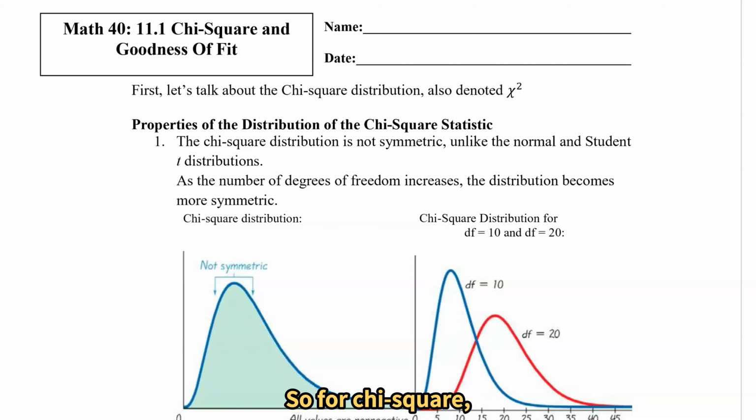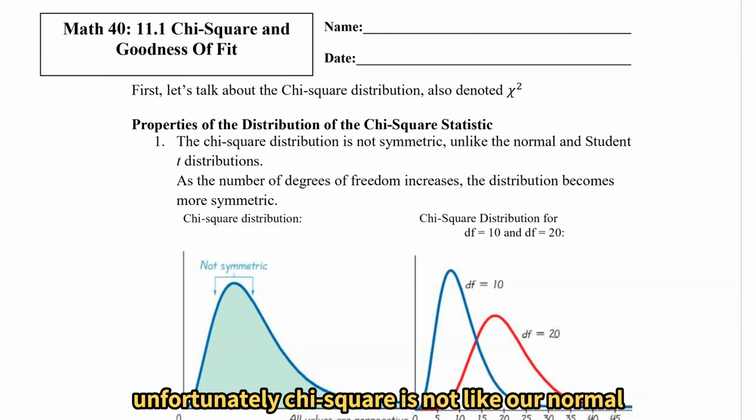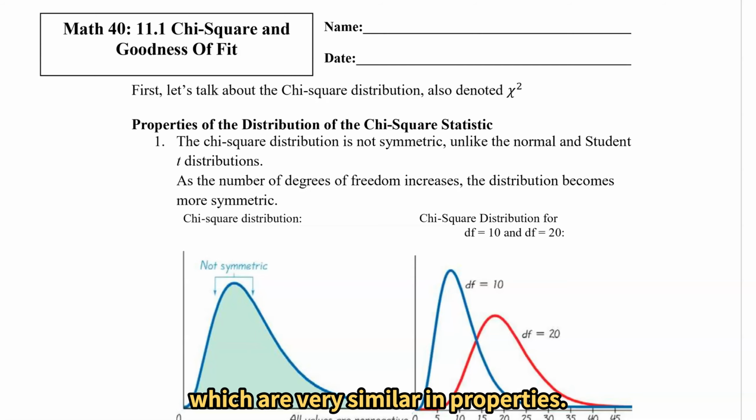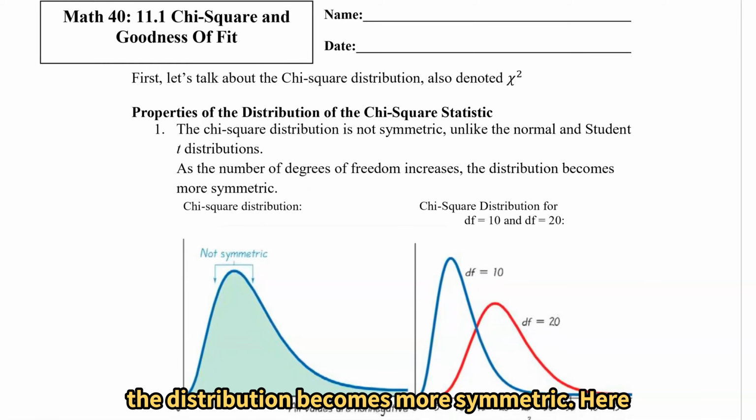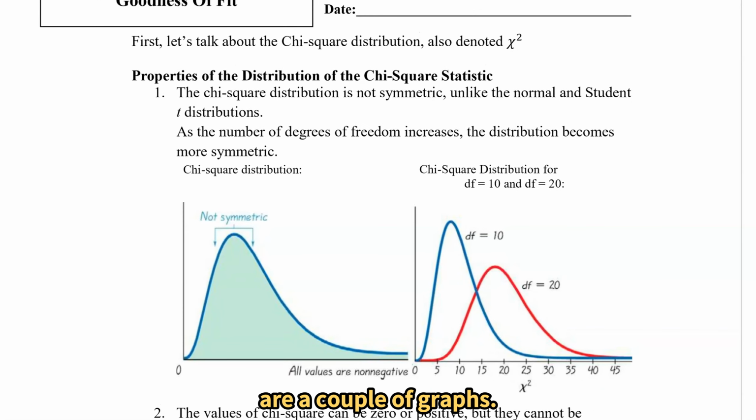So for chi-square, unfortunately, chi-square is not like our normal and t-distributions, which are very similar in properties. Chi-square is not symmetric, but as we increase our degrees of freedom, the distribution becomes more symmetric. Here are a couple of graphs.